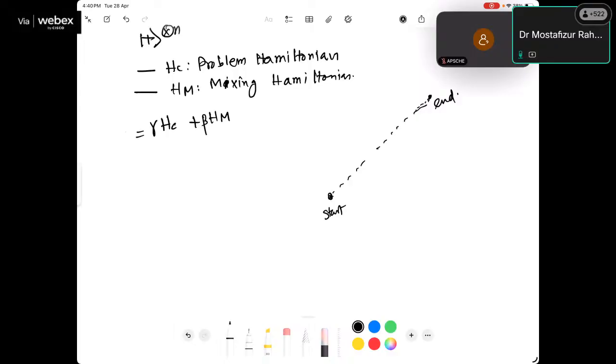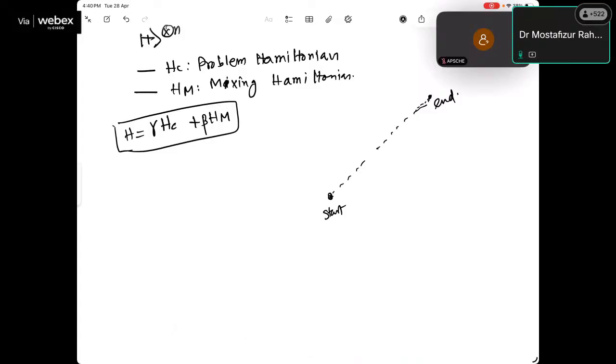I make this kind of parameterized Hamiltonian, where part of it comes from the problem statement and part of it I have the freedom to choose, and I combine them in a linear fashion to get a Hamiltonian, capital H.